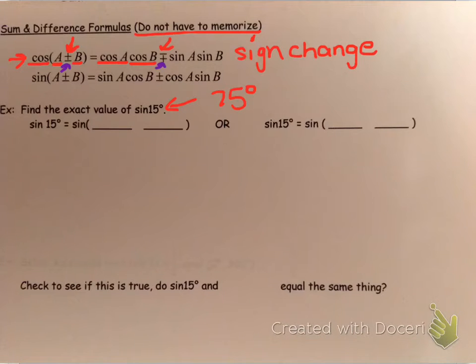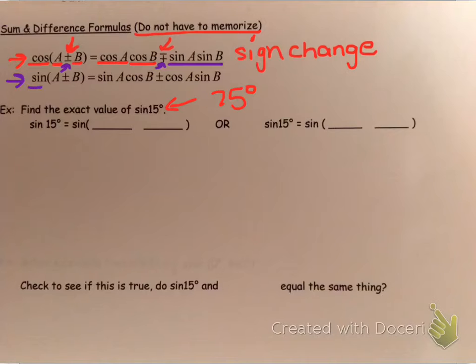A lot of the time we'll just go ahead and separate those trig identities for you and write them as two separate identities, but you do need to know how to read them when they are in their combined form. And then what you would do is the sine value of the two original angles. For the sine identity, there is no sign change.